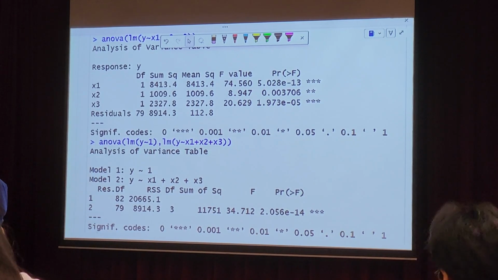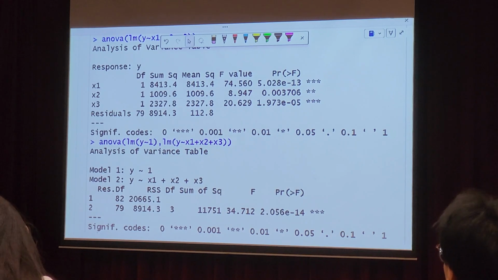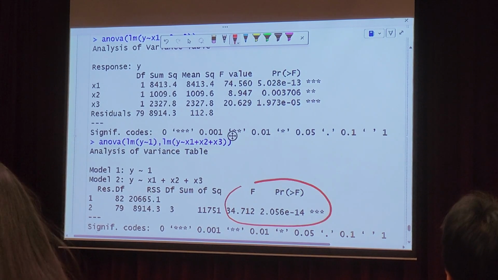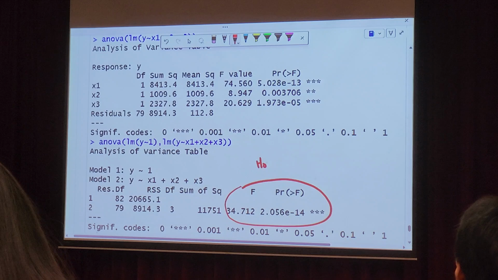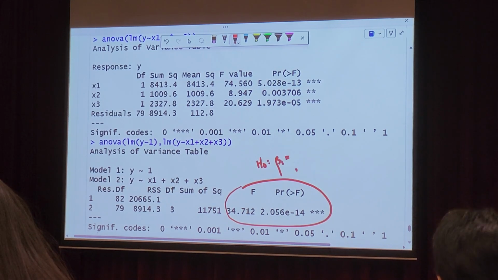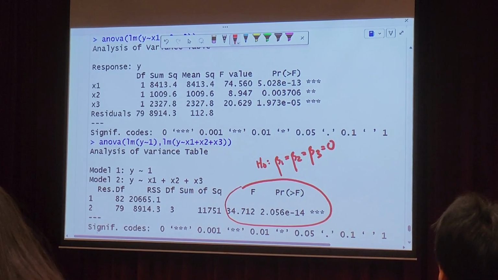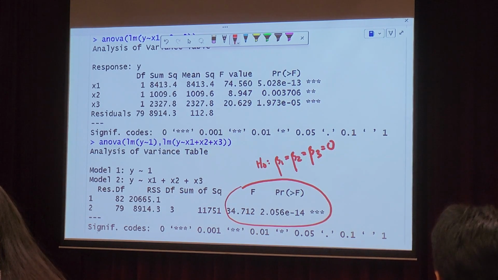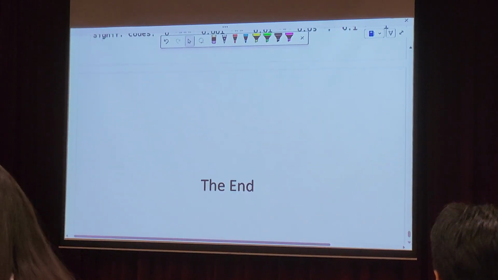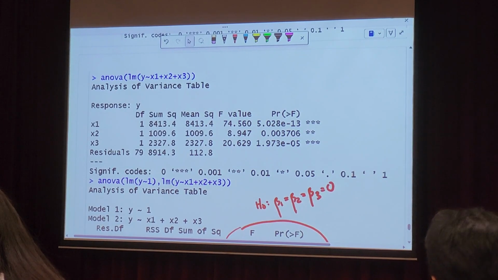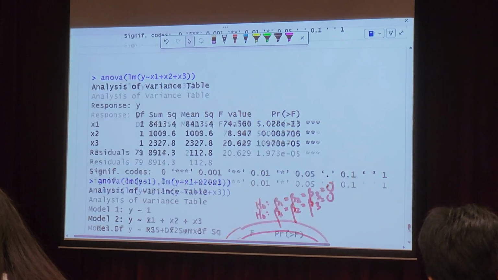And in fact, this is the test for testing beta 1 equal to beta 2 equal to beta 3 equal to 0. This is the overall test. All right? And I think that's it. That's what it is. So, I think I'm done.